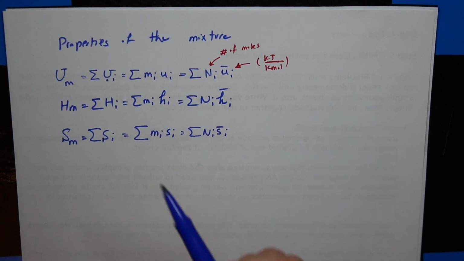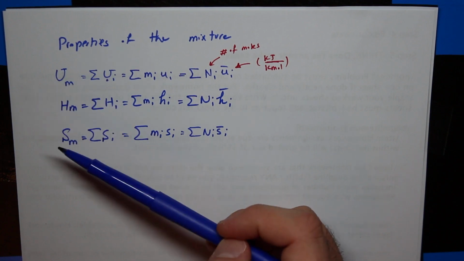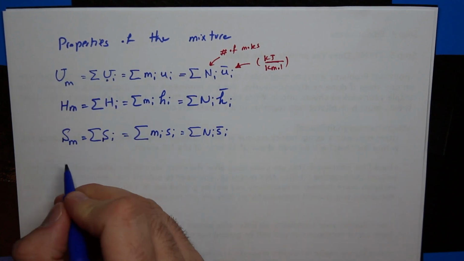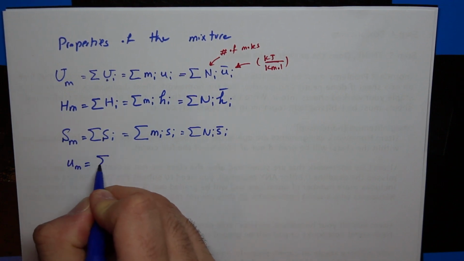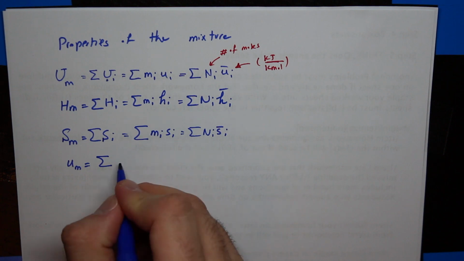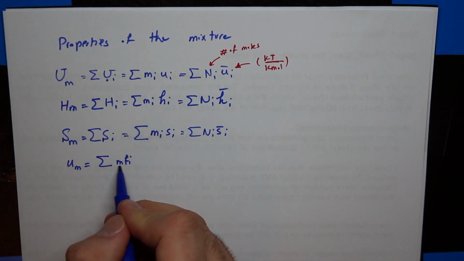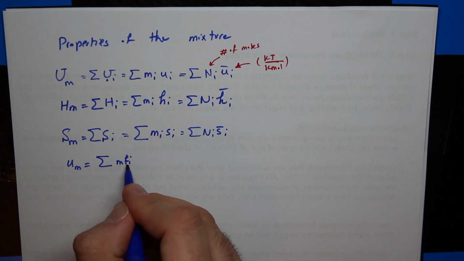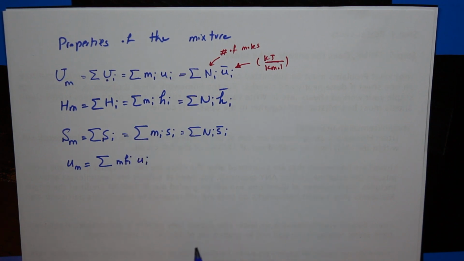Okay, now these properties were in caps. I can write them also in lowercase. For instance, the specific internal energy for the mixture is the sum of mass fraction this time. Instead of M, we have mf or mass fraction. This i is supposed to be the subscript, multiplied by ui. Okay, so that gives me the specific internal energy.